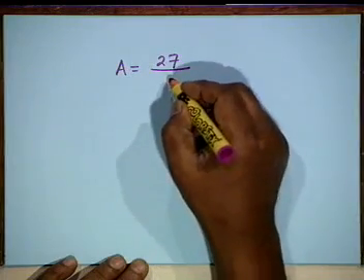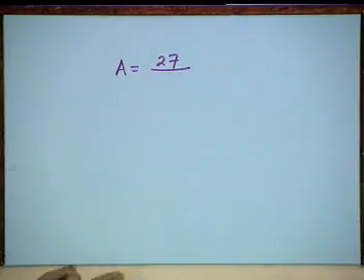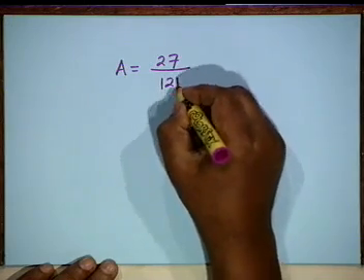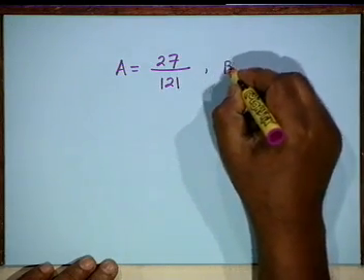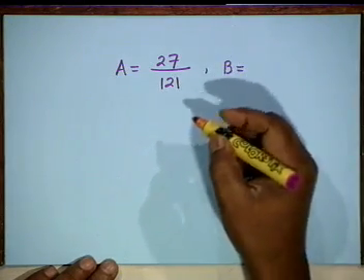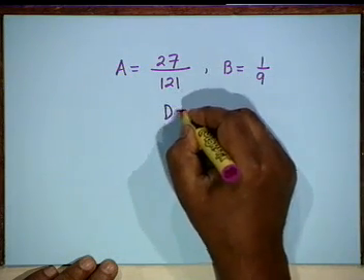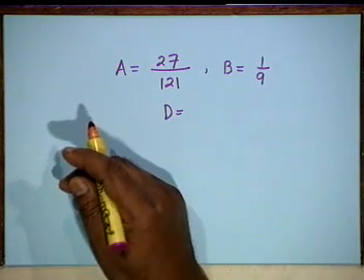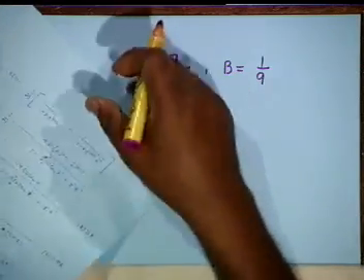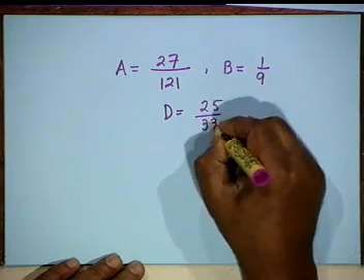Capital A, please do verify this, I do not vouchsafe for their accuracy, divided by 121. B is 1 by 9. D also we can calculate, D in my case comes to 25 divided by 33.